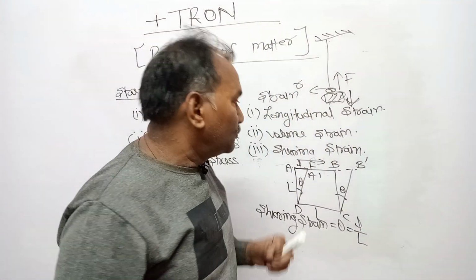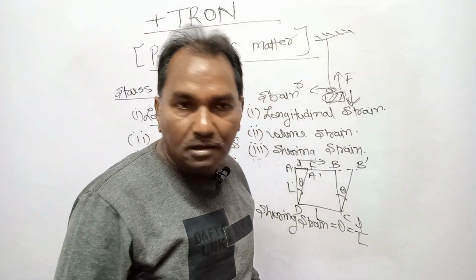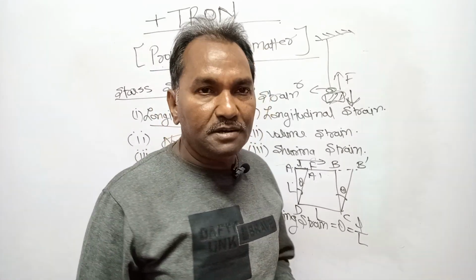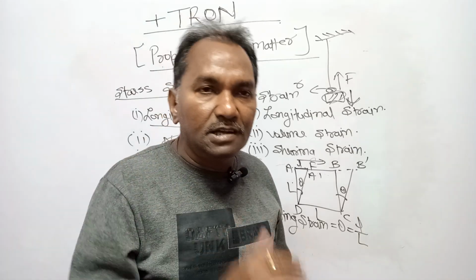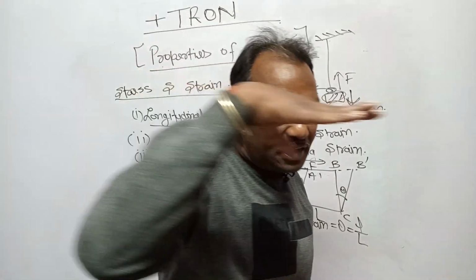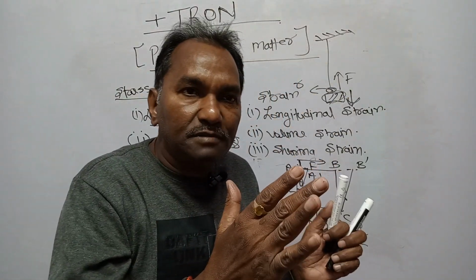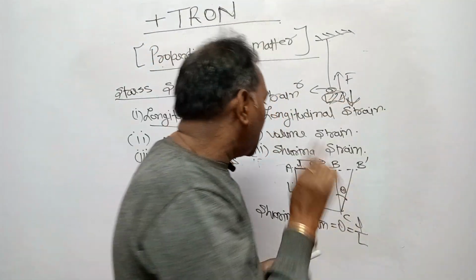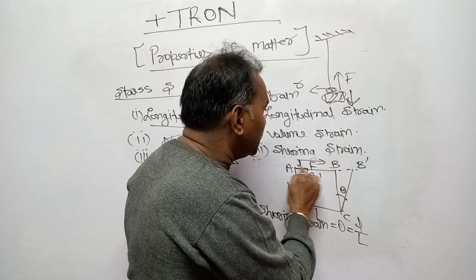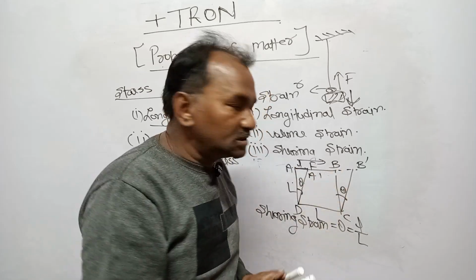You can write what I have said. Just as you are watching my video sitting in a room, at the ceiling of that room I have applied a tangential force. Because of that force, your ceiling has moved a bit, and AB is representing the ceiling.